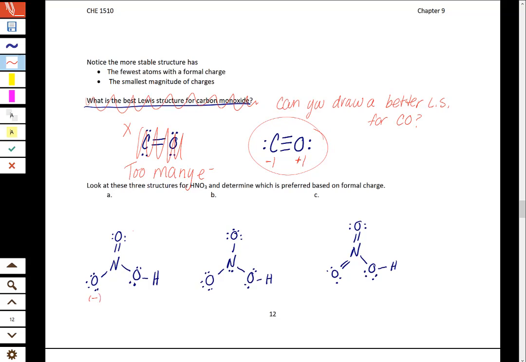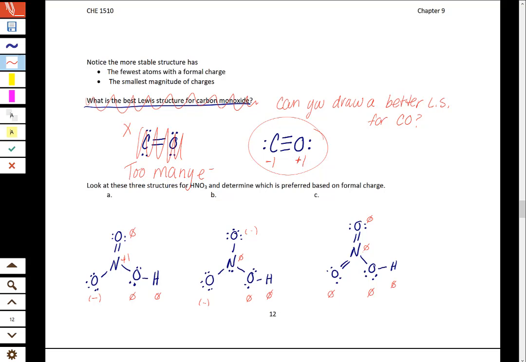So this one is a negative, that's a 0, that's a 0, that's a 0, that's a +1, negative, negative, 1, 2, 3, 4, 5, 0, 0, 0. And if you're thinking, dang, she's doing this fast, once you get to organic chemistry, you'll do it this fast. 0, 0, 1, 2, 3, 4, 5, 0.